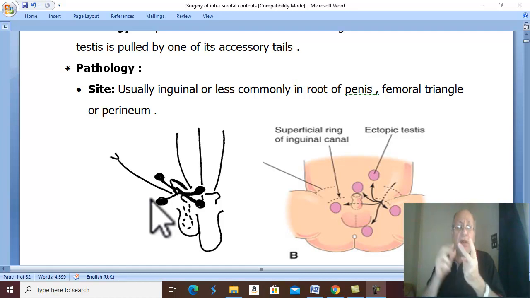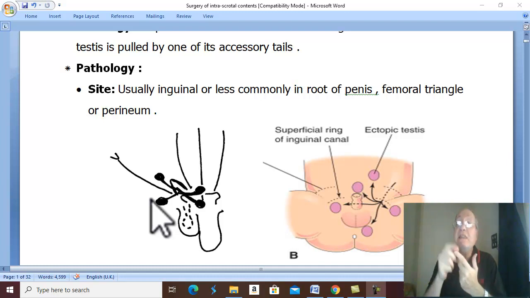Two functions: hormone production, and hormone production doesn't need a specific temperature. The testis will produce hormone at any temperature. And the main function of the testis in males is production of sperms, spermatogenesis.